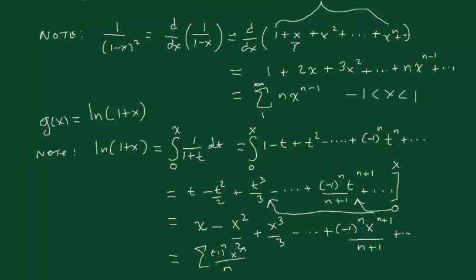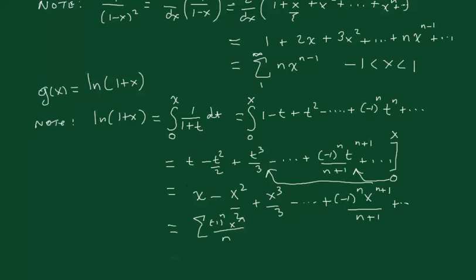A little sloppy getting crossed with the others. Perhaps I could write that more clearly here. Again, that's the sum of negative 1 to the n, x to the n over n, from 1 to infinity. It looks slightly different than the x plus 1. That could be said indexed at 0. So there's the power series.